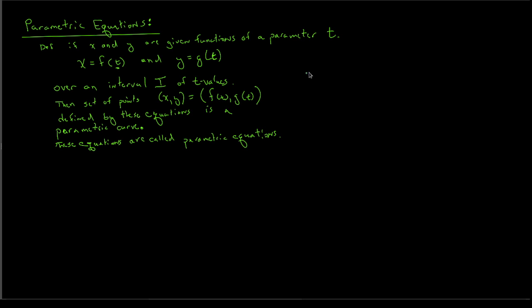And so your book will go on to note the variable t is a parameter, and that its domain I is the parameter interval.